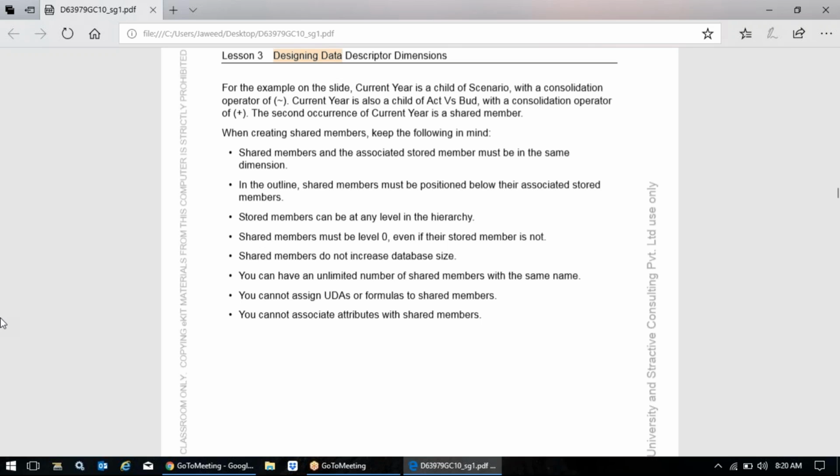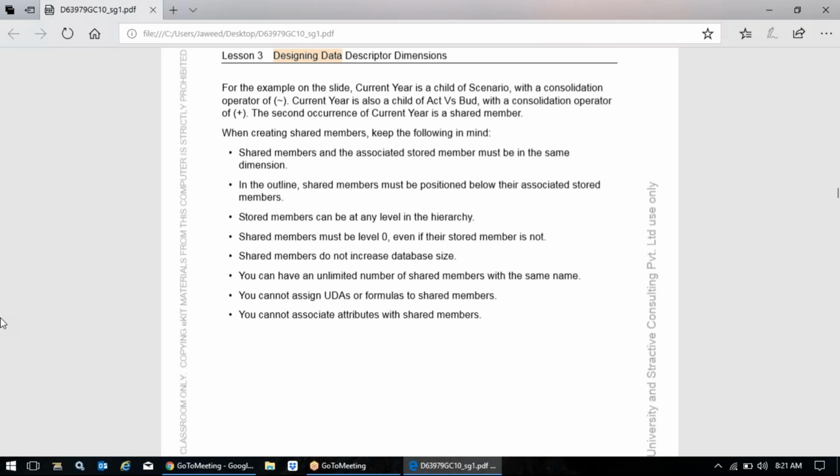When I'm talking about granular details, if you want to have a report looking at how many bottles were sold, how many cans were sold, this is basically looking at the granular details. You can achieve this by adding UDAs to that member. So let's say Pepsi, 100 ml. On the 100 ml, you can add two UDAs, one can, one bottle.